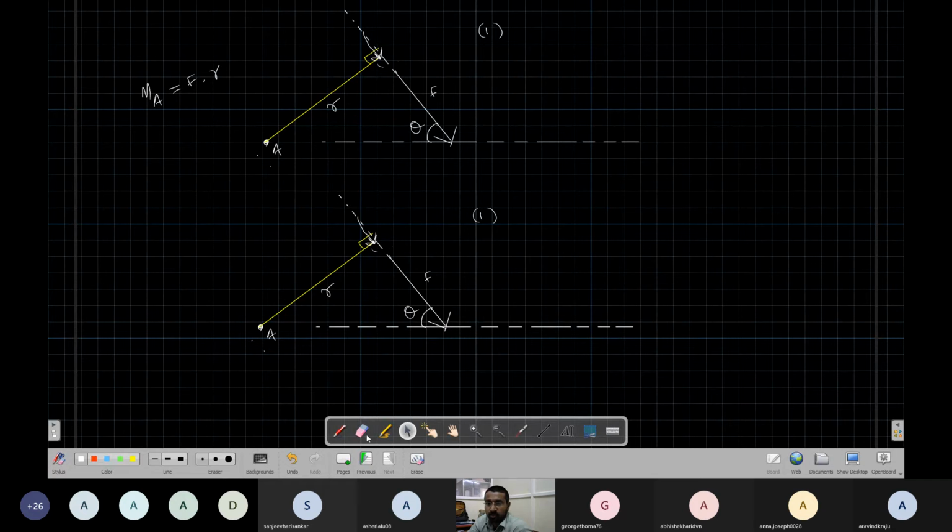What you do, instead of doing all this here, you divide the force into two components, which you already know how to do. So this is my y-axis.